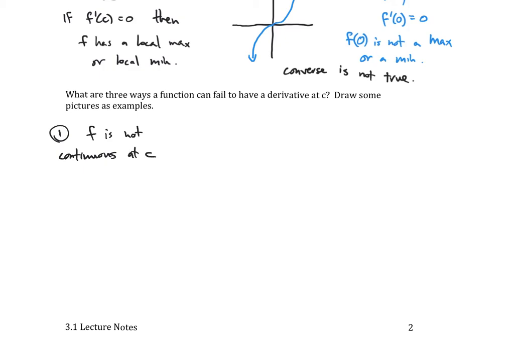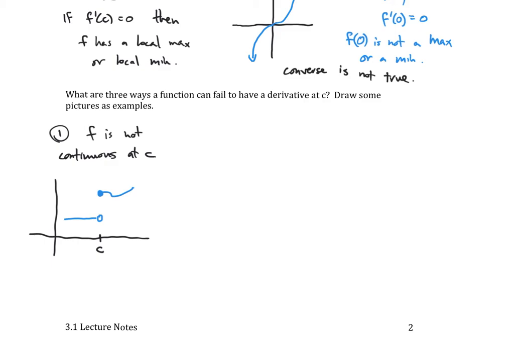So if I have a set of axes over here, and this is my c, and maybe my function looks like this, and then it jumps, and then it looks like that. f does not have a derivative at this point. In fact, it's not even continuous, right?